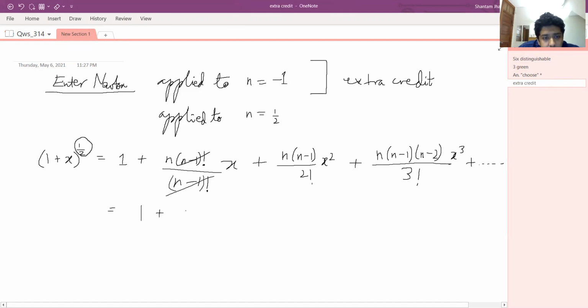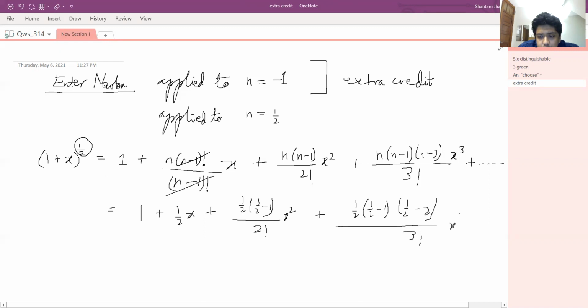So if I plug in n equals half, I've got 1 plus half x, right? And I've written this down nicely here. Half times half minus 1 over 2 factorial x squared plus half times half minus 1 times half minus 2 over 3 factorial x cubed, and so on. All right, this is what it looks like.